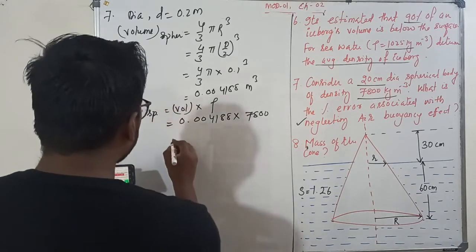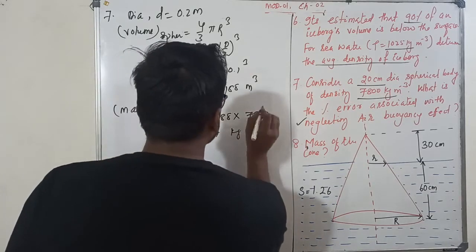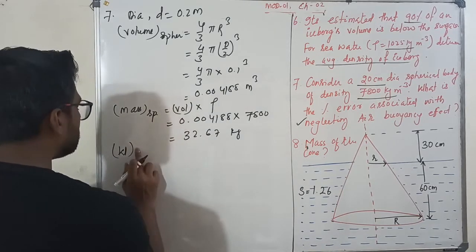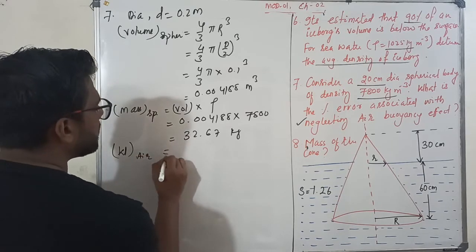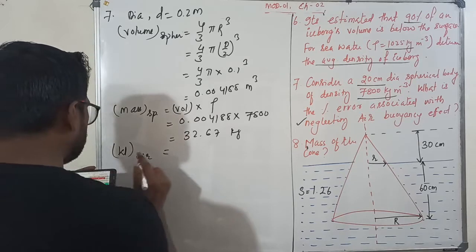So I am getting a mass of 32.67 kg. So what is the weight in air, your W1? That is the weight in air without considering buoyancy. Weight equals mass into gravity.